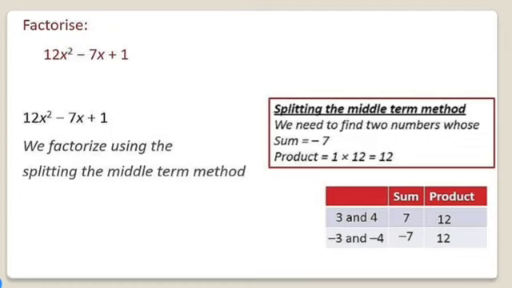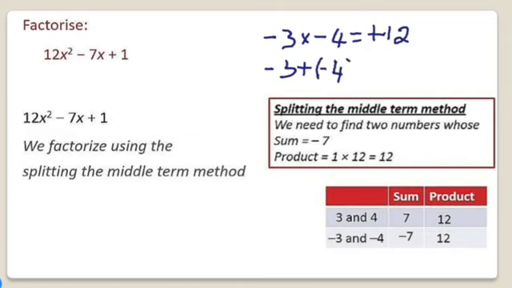For -3 into -4 we get plus 12. If we add -3 plus -4 we get -7. I hope everyone knows how we get these values by using operations.